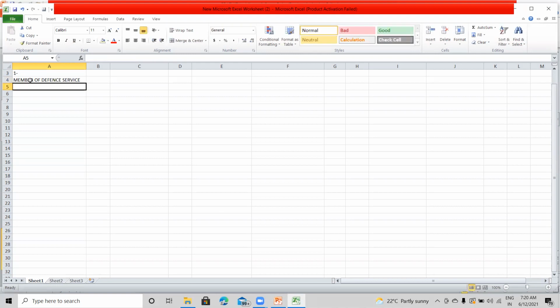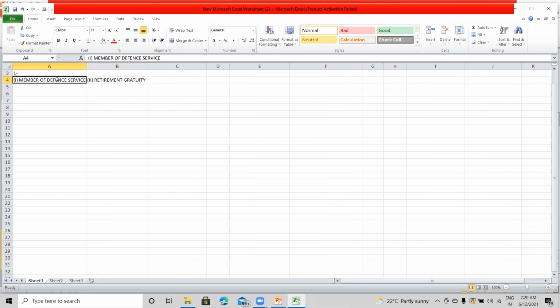If there is any member of the defense service and he receives retirement gratuity.